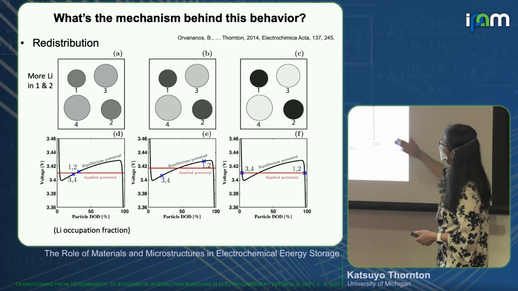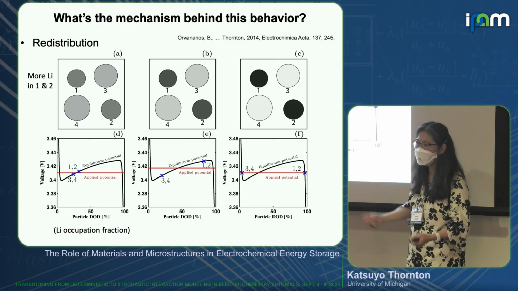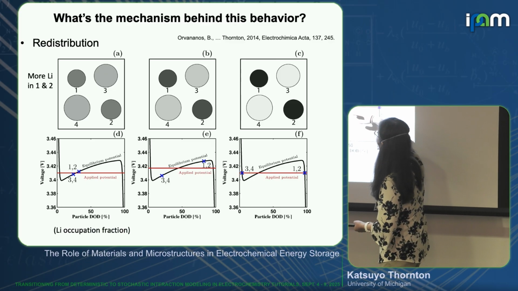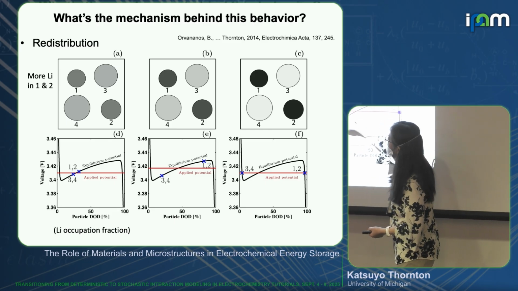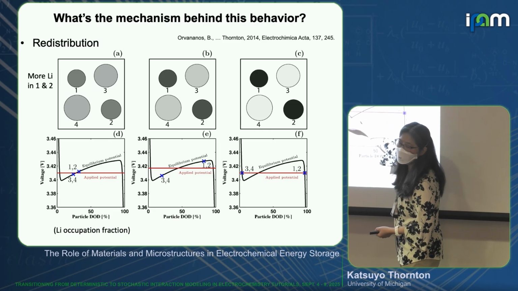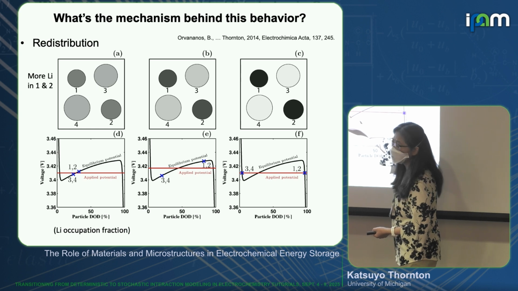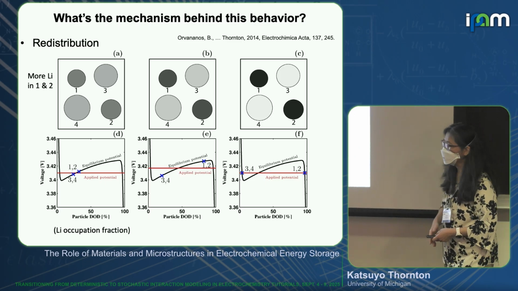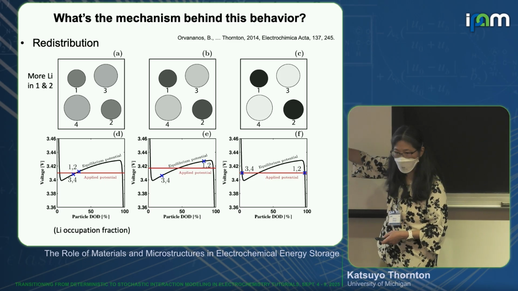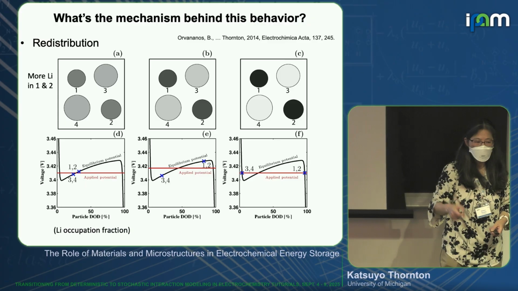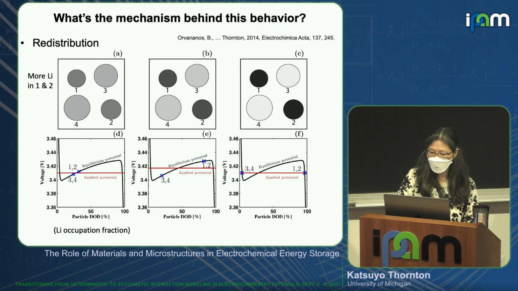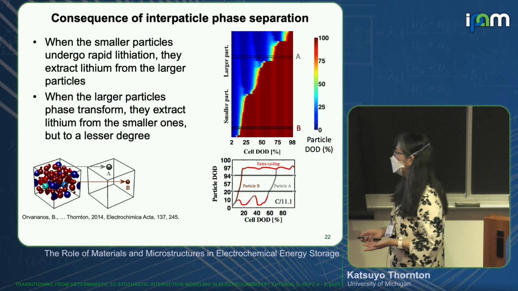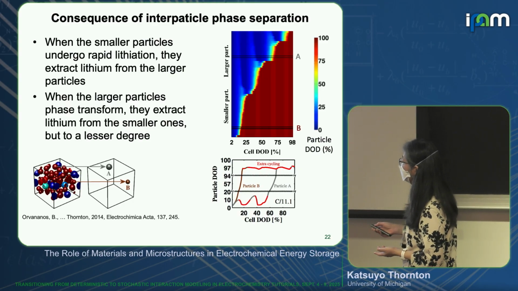At this point, if you still have to drive the current, the applied potential is going to shift in order to obtain the current out of particles 3 and 4, in order to deliver the constant current. So that gives us an understanding of what's happening here.